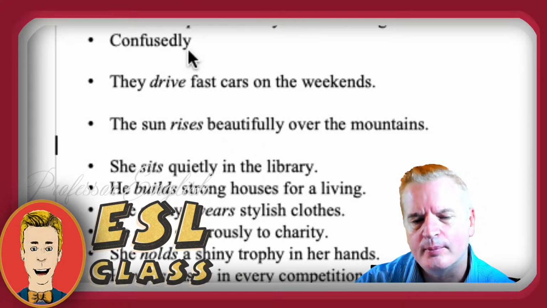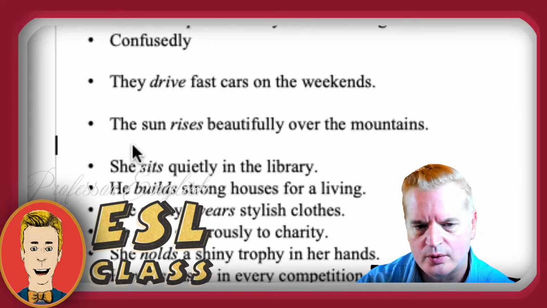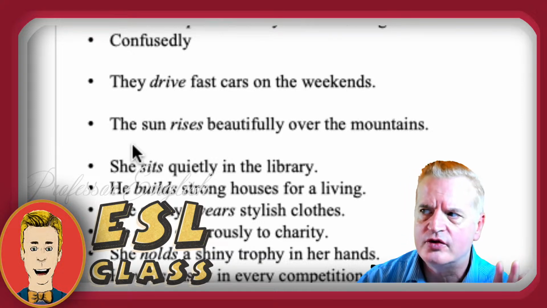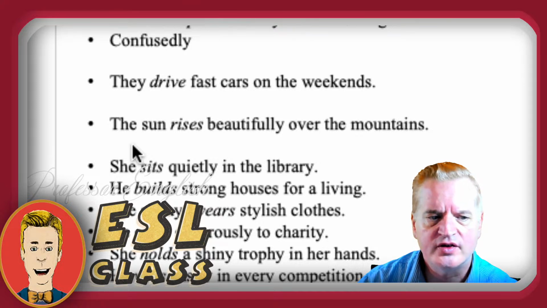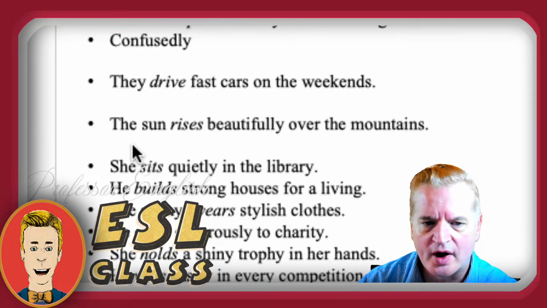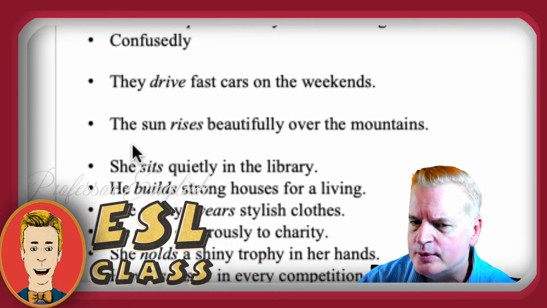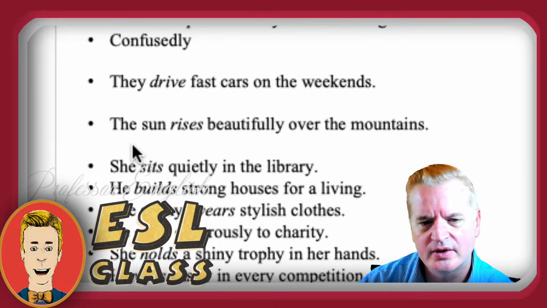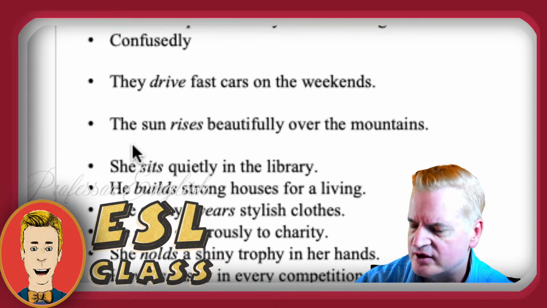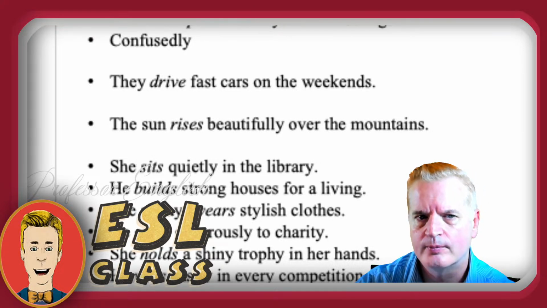How will you make a basic yes/no question with that sentence? Statement form: the sun rises beautifully. Question form: does the sun rise beautifully? Does the sun rise beautifully over the mountains? How will you answer no to that question?